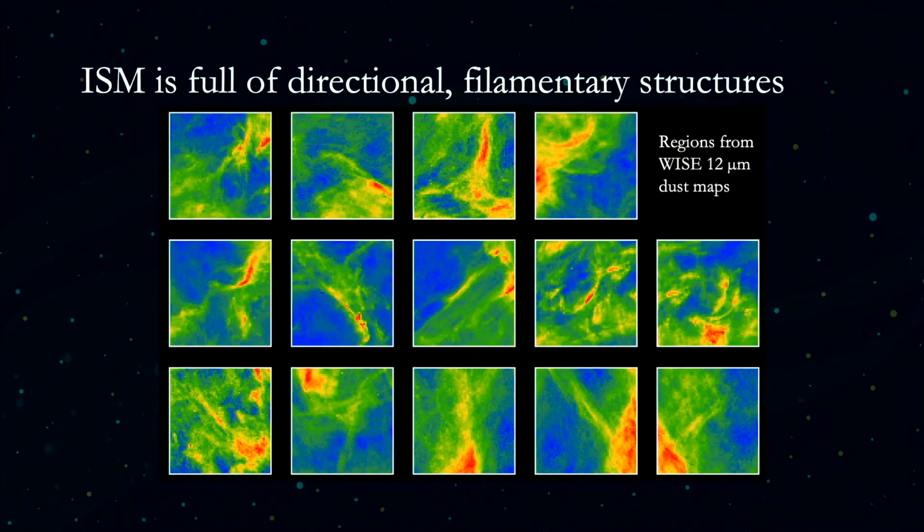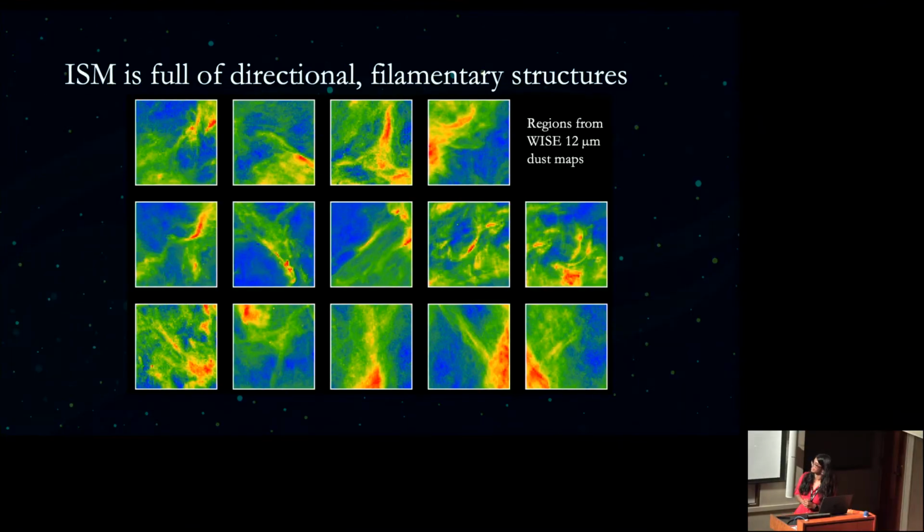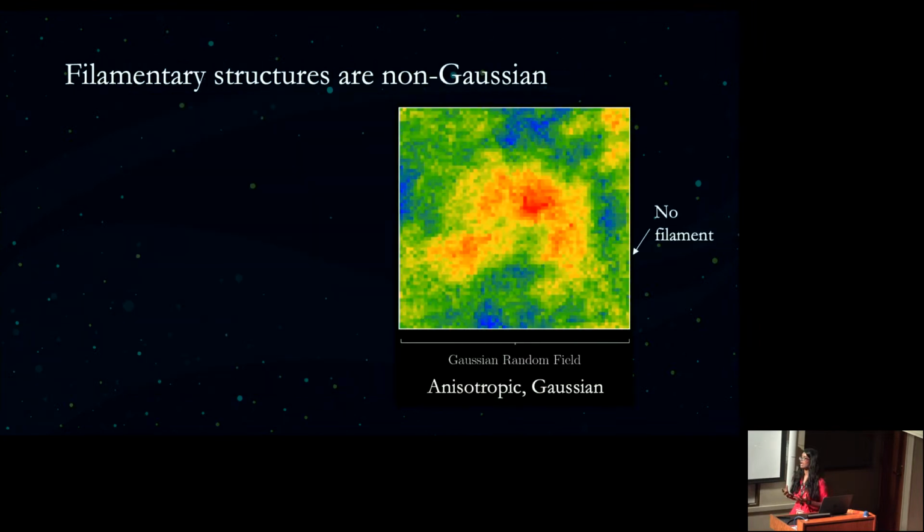This is made even more difficult by the fact that the ISM is full of these filamentary regions that are so diverse. Here we're showing various regions from WISE 12 micron dust maps, and you can clearly see that there's lots of diversity, and a lot of these filaments are very directional. Oftentimes, people have been attempting to model these filaments by making a Gaussian approximation.